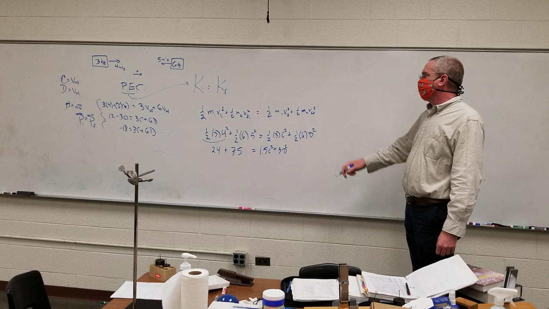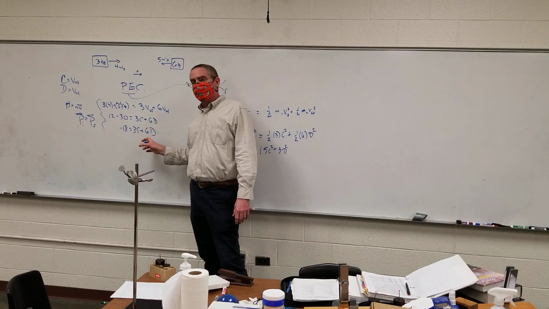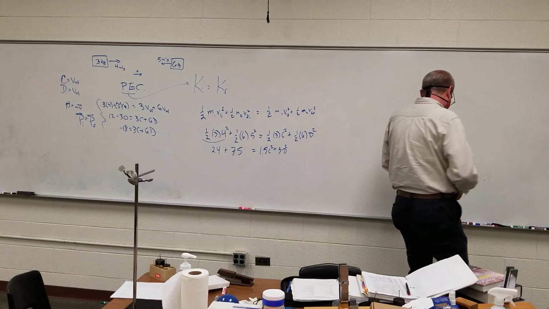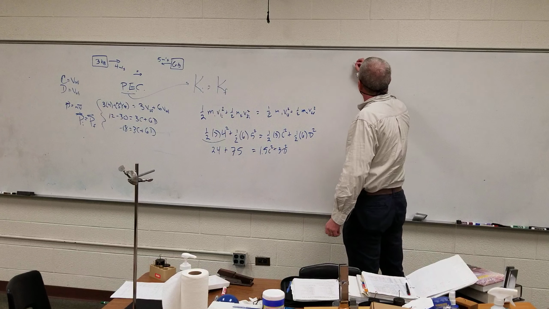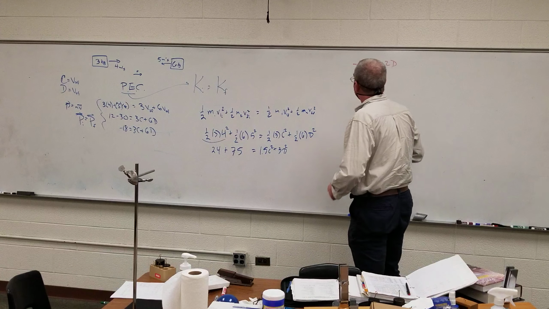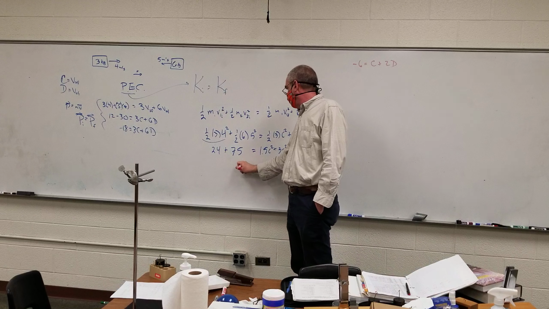So first thing I'm gonna do is divide everything by 3, just because all the coefficients are multiples of 3. And so I have -6 is equal to c plus 2d. For this one right here, just add it together to get 99.